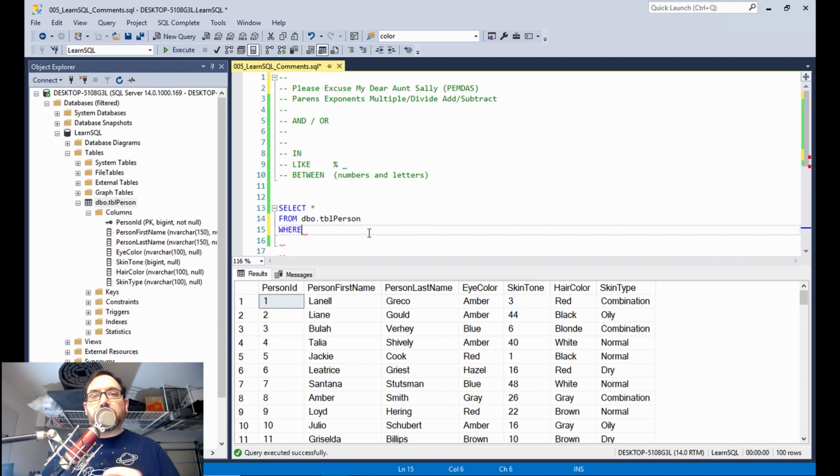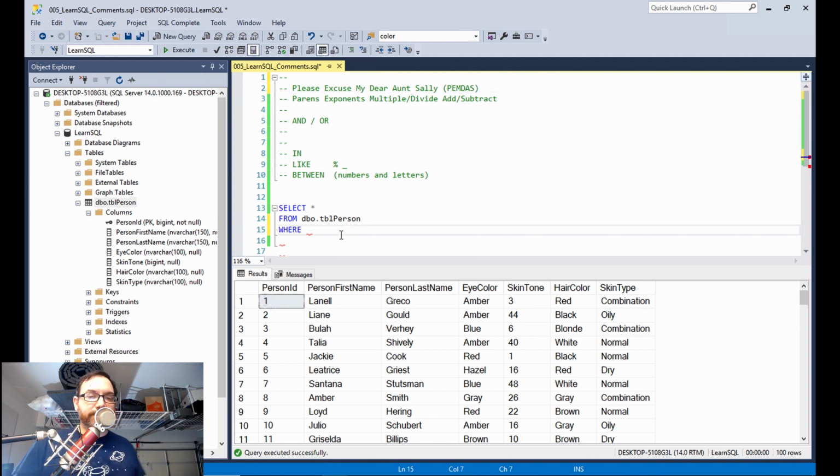So first, let's look at and or. Now, and or really do follow the PEMDAS, or please excuse my dear Aunt Sally, order of operations, whatever you want to call that. SQL will ask the where statement using something similar to that.